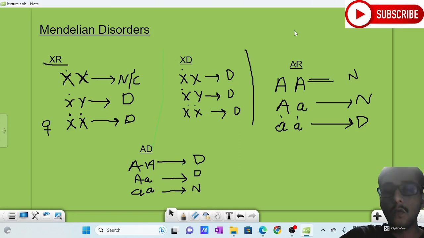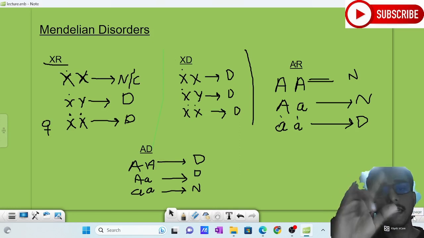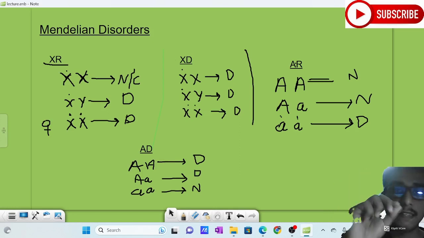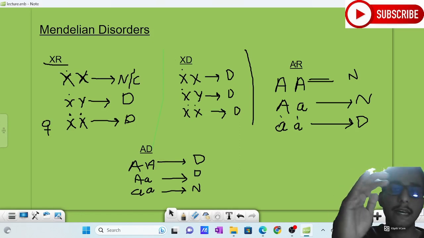So what happens in sickle cell anemia? We should understand that in sickle cell anemia, there are two words given. First is sickle. What is a sickle? We know that a sickle is a tool, right? I think we have seen it.